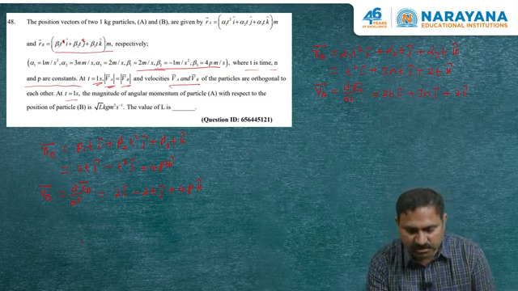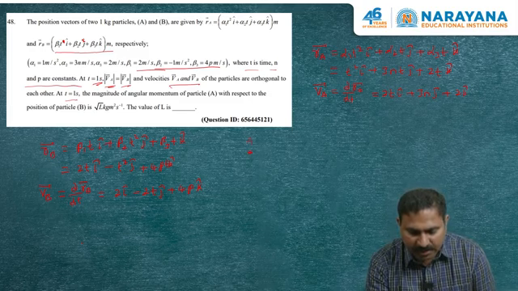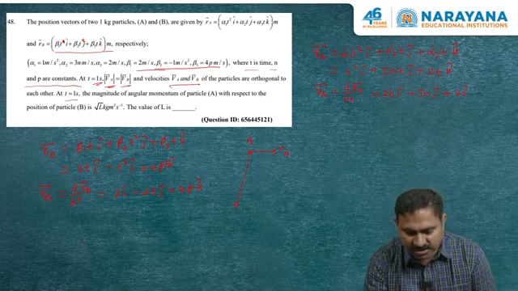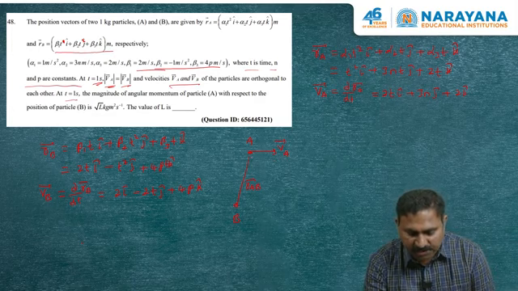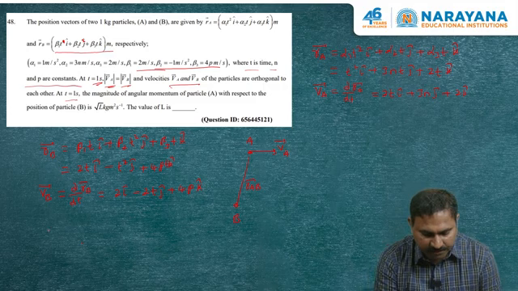Suppose I assume this is particle A moving with velocity Va, this is position of B, position of A as seen from B to be calculated, velocity vector Va. So angular momentum of A as seen from position of B means mass of particle into RAB cross Va.